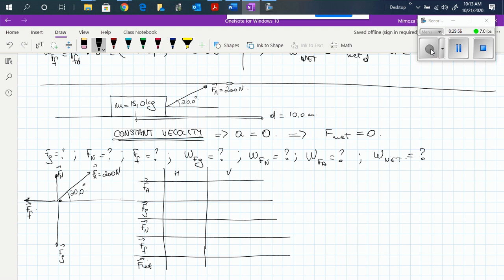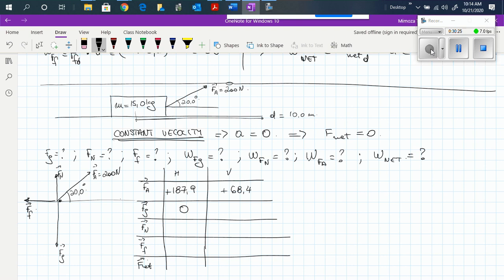So horizontal component of force applied will be related to cosine. Cosine 20 times 200 is positive 187.9. And the vertical component is related to sine, so will be positive 68.4.